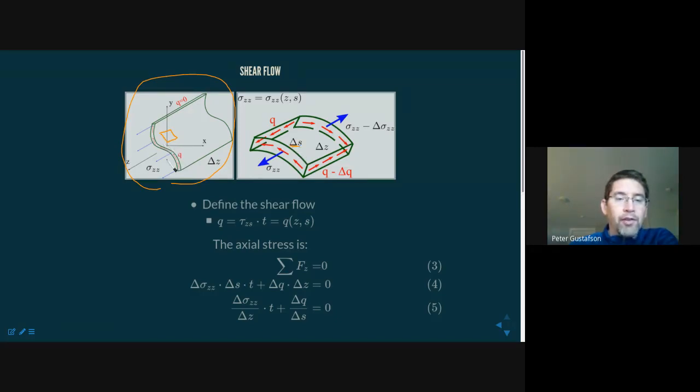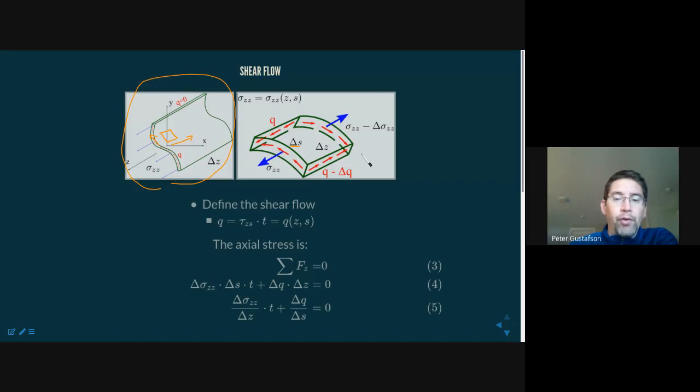So it's a distance along this s direction, a differential length delta s, and similarly a differential length along the length of the beam delta z. So here we're going two directions. The total element is now the thickness times ds dz. That's the total volume of structure that we've made our equilibrium cut.